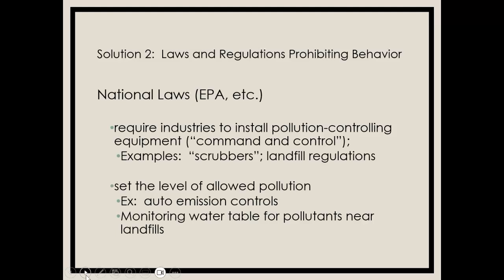An example here is something called scrubbers, which are pieces of equipment that factories are required to put on their smokestacks to scrub out the pollutants. Or sometimes the government may set an allowed level of pollution, like automobile emission controls, or monitoring water table pollution around landfills.